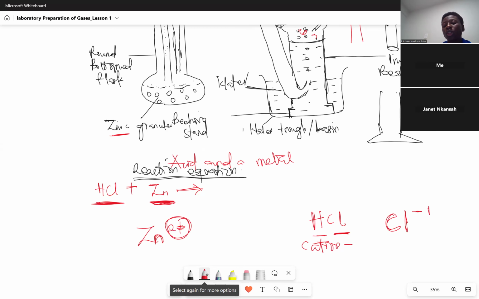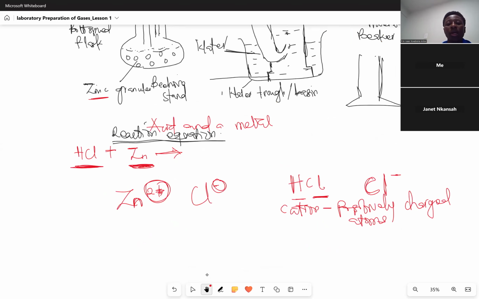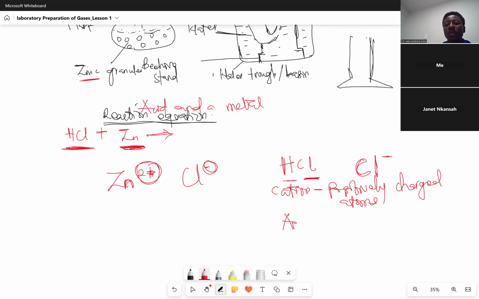Don't worry, all these things I'll teach you. We normally write minus, but it's -1. You see, chlorine is minus, and zinc is positive, right? So a cation, I said, is what? Positively charged atoms. That's what cations are. In the exam, when you are asked what are cations, I believe you know what to say. And we have anions.